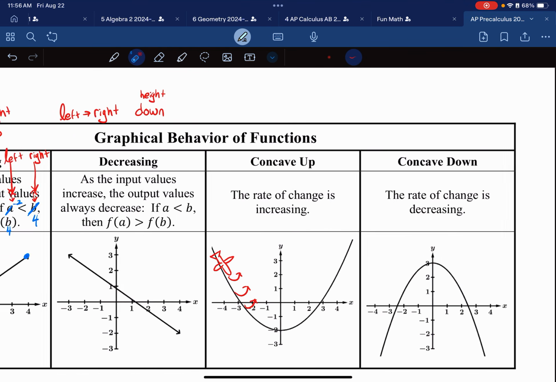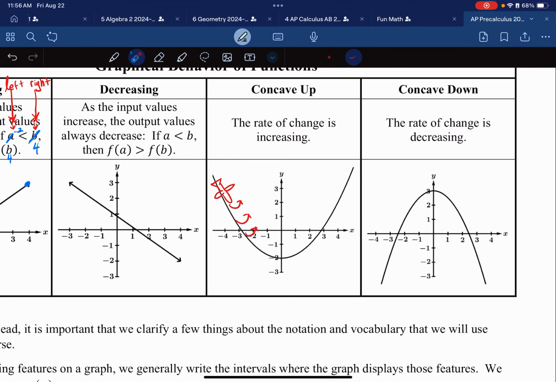Sometimes I have like an entire group of girls and they want it to be a little bit more cutesy. So here's your cutesy definition as well. If you see anything that's a smiley face, that's concave up. And similarly, for concave down, I usually think of this as a cannonball. If you have a cannon down here, it's a very impressive cannon, and you shoot a cannonball out of the cannon, it has a force that's pulling it down known as gravity.